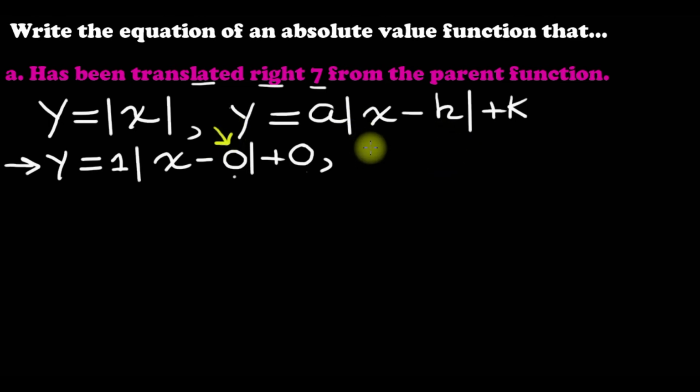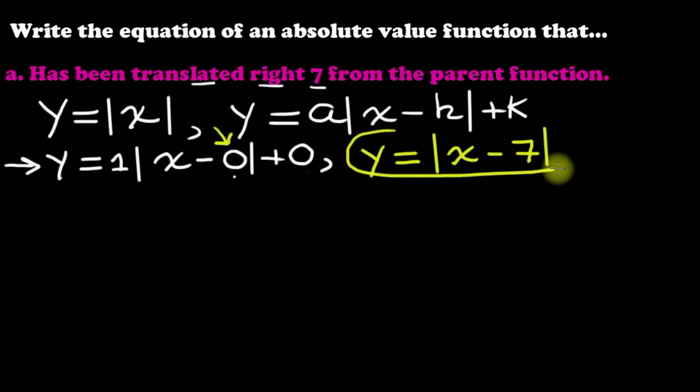Okay, so here's the new function. y is the absolute value of x minus 7, because you're going 7 units to the right, so that's positive 7, and then plus 0, and we don't have to put the 0 there. So this is the equation that we're looking for.